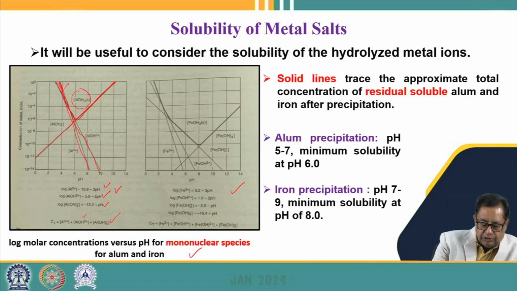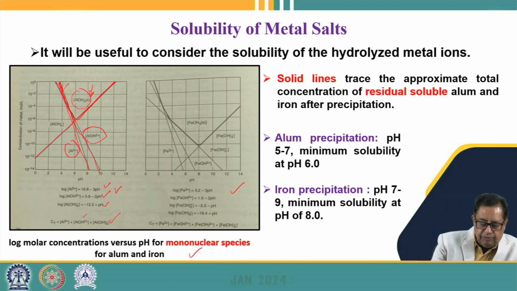We can see that the solubility of the aluminum ions may decrease with the increase in the pH, and it may go to a minimum value and then again increase. The solubility decreases because the species like Al3+ and AlOH2+ are decreasing in solubility and the aluminum ions are getting precipitated in the form of aluminum hydroxide.